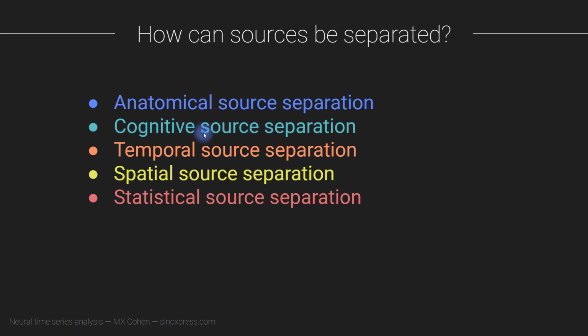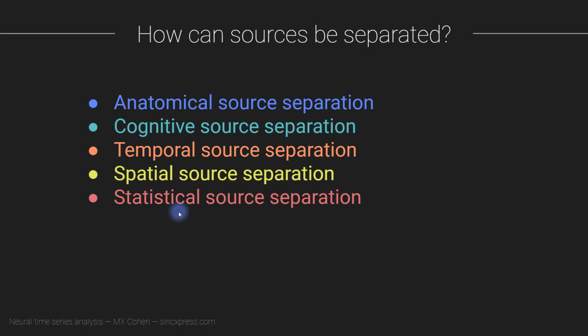Okay, so these are just some examples. What I'm actually going to focus on in this course is statistical source separation, where the idea is that we are using the statistical characteristics of the data to perform this source separation. And by statistics here, I'm not referring to inferential statistics like p-values and f-values.